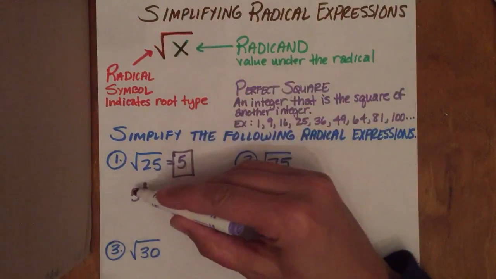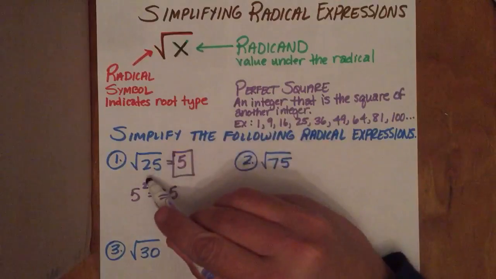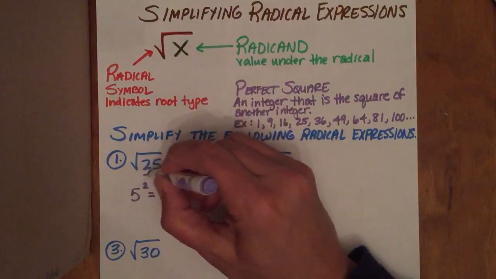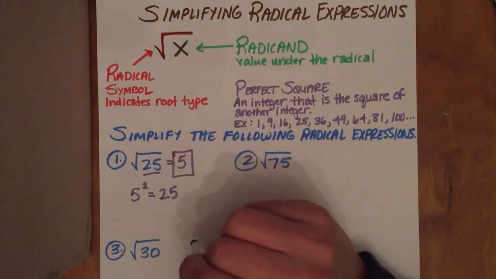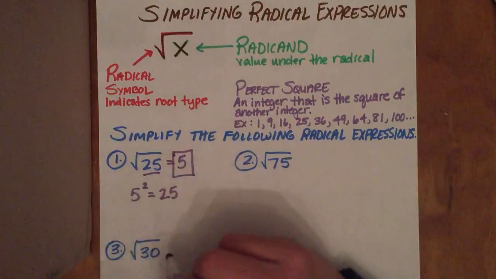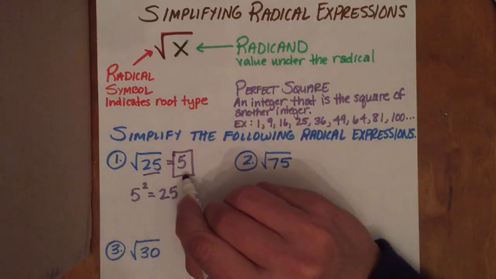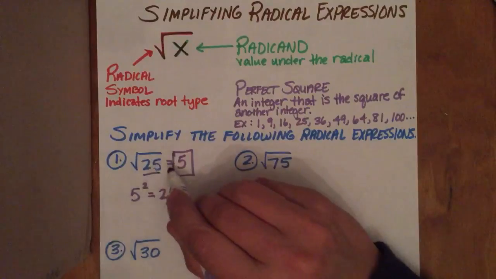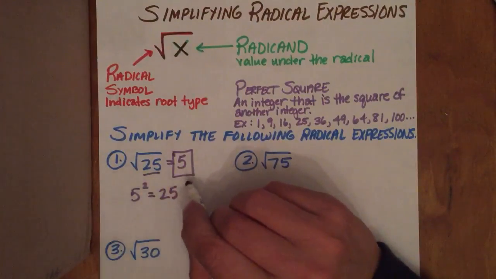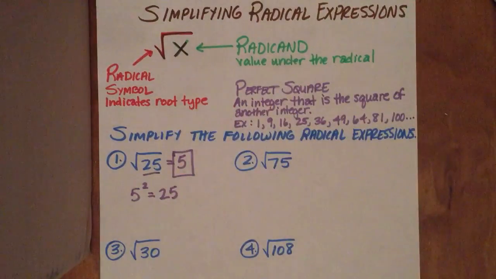And that's what a square root is: what did we square to get this radicand? What did we square to get 25? In this case, it's 5. Those are the easiest ones to solve. It's a perfect square, so we know right away the square root is 5. So let's look at number 2.